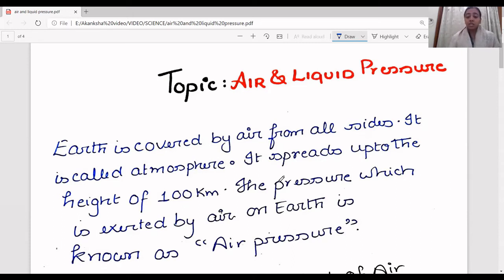Now, atmosphere is spread up to a height of 100 kilometers. The pressure which is exerted by the air on Earth is known as air pressure, right? So the atmosphere above the Earth is exerting a pressure, and that pressure is called air pressure.